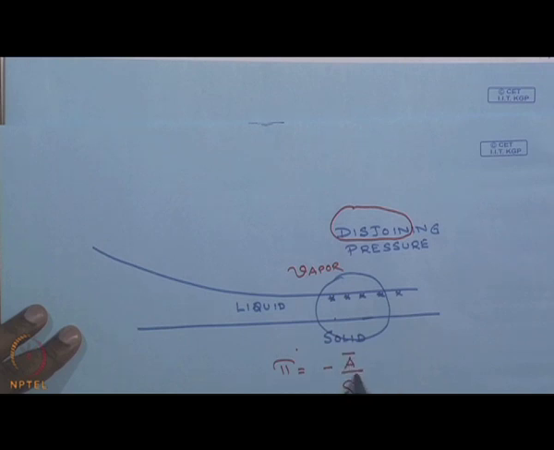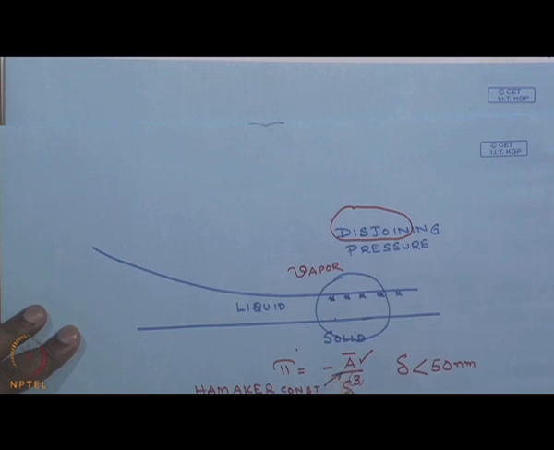The index is 3 when delta, the film thickness, is less than 50 nanometer, and the power is 4 when delta is greater than 50 nanometer, and the quantities A and B are called the Hamaker constant and the dispersion constant respectively.